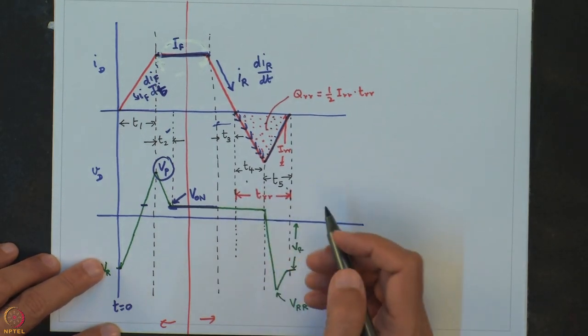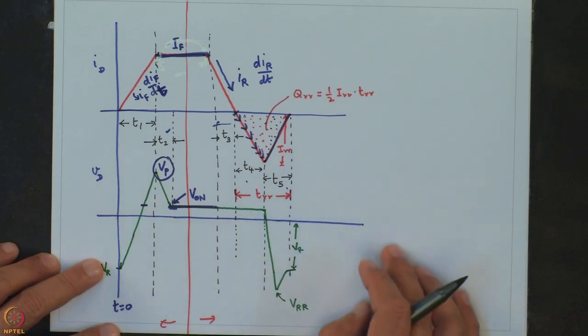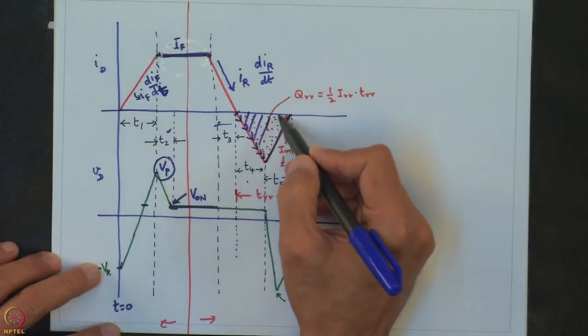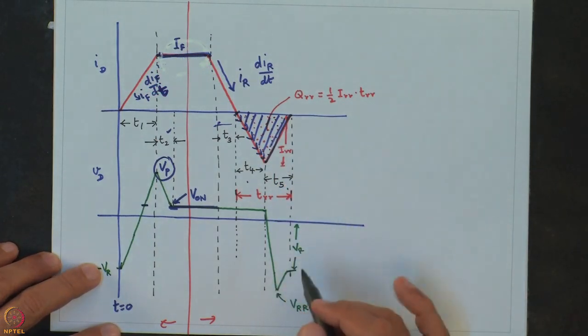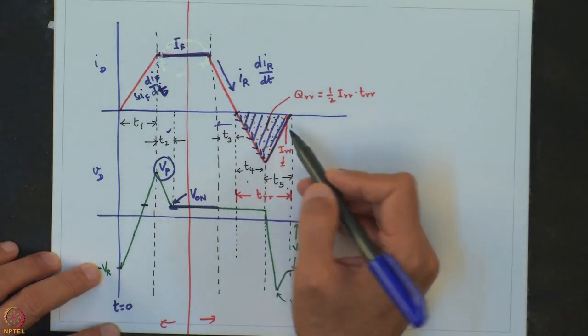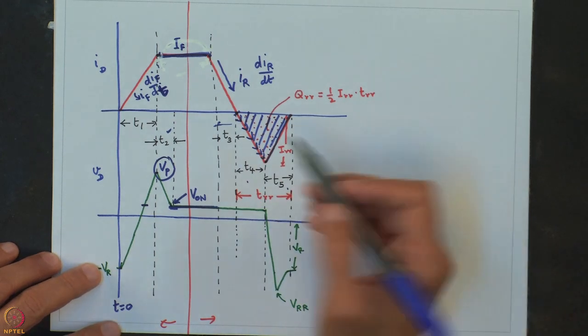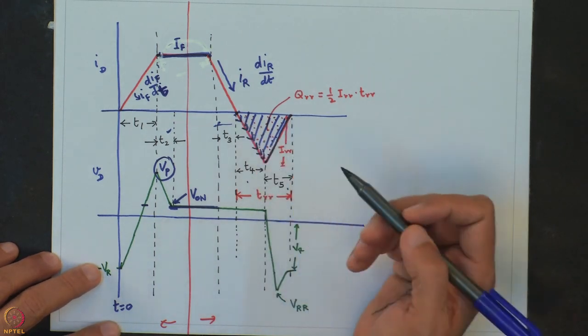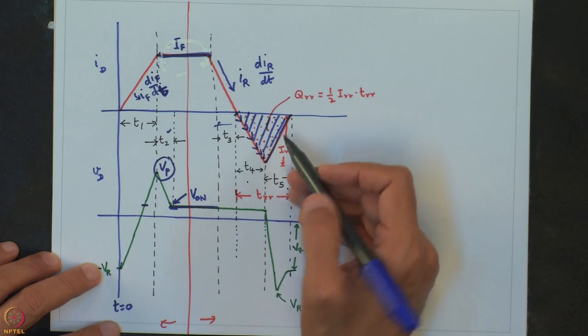Now typically this T4 plus T5 interval is referred to as the reverse recovery time, and we denote this by TRR. And this triangle, of course I have to say that this is just an approximation, this will actually have a very, very complex waveform. So this we have just shown as a triangle because it is enough for our understanding and analysis.